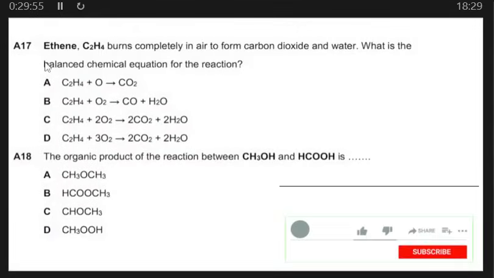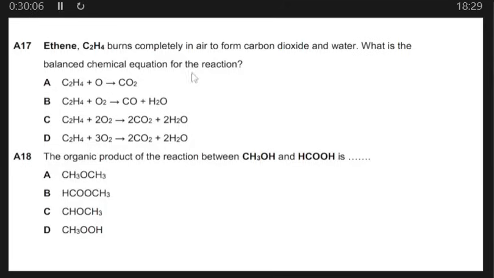17 says ethene, which is C2H4, burns completely in air to form carbon dioxide and water. What is the balanced chemical equation for the reaction? So the balanced chemical equation for the reaction is actually D here.